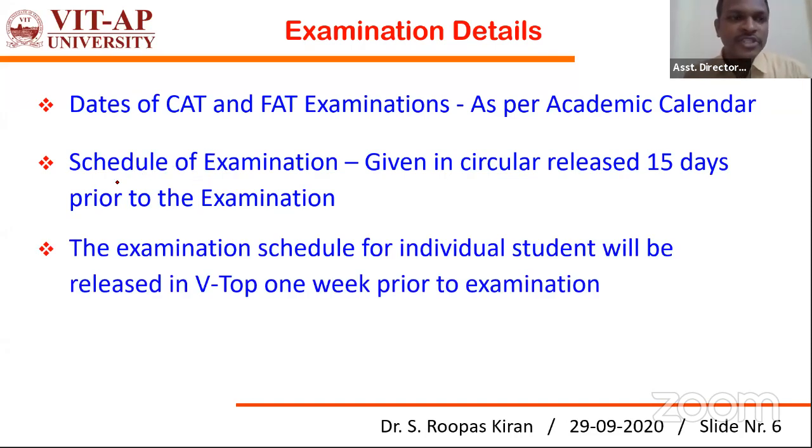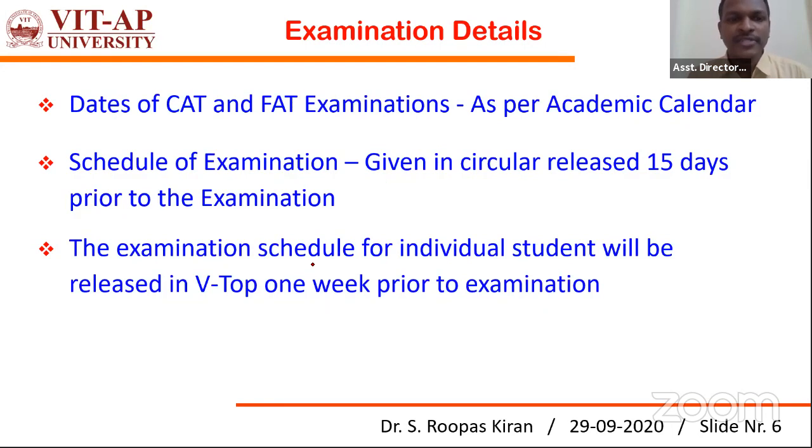That schedule, which day, which slot, will be released around 15 days prior to the examination by the examination section. Then the same details will be available to individual students in the VTOP account of every student. That is the schedule for the examination in general.